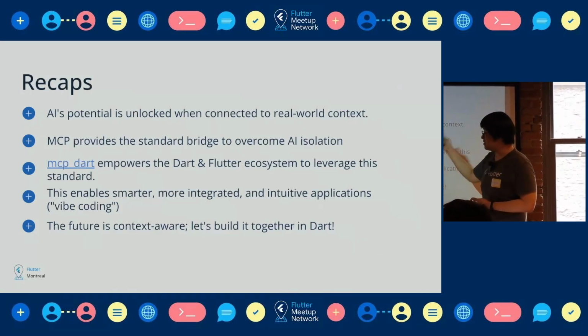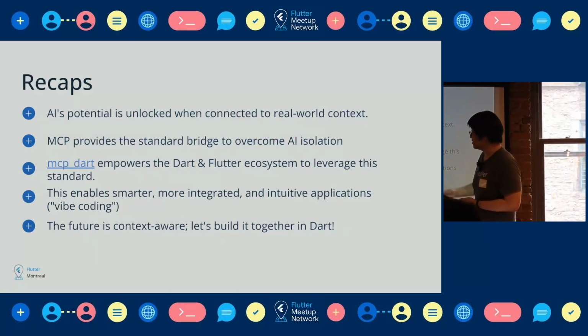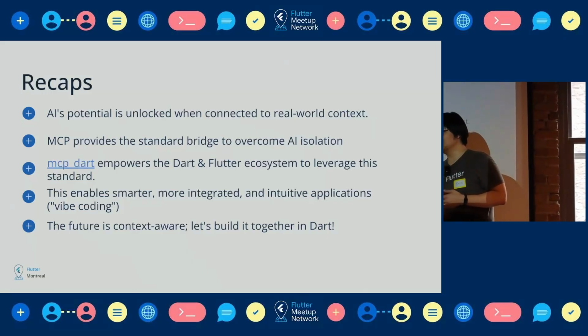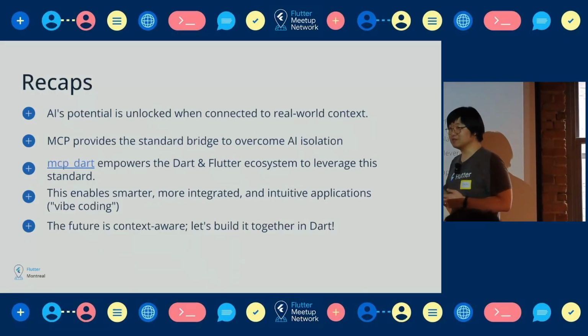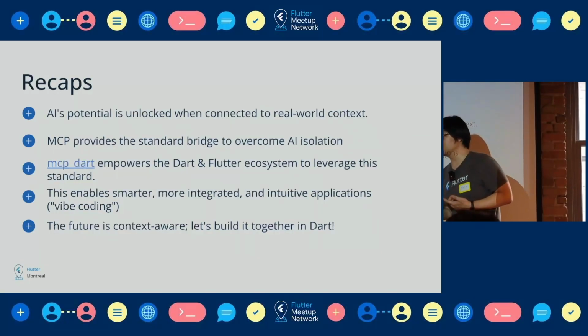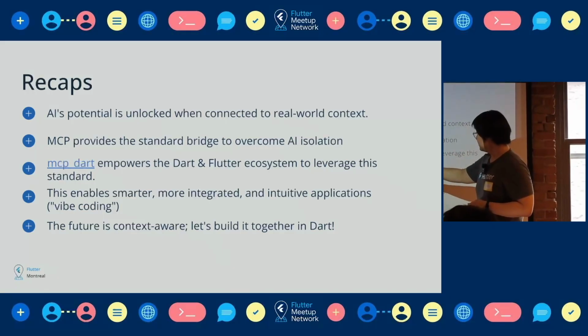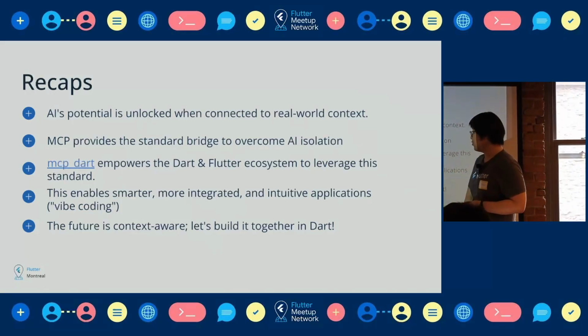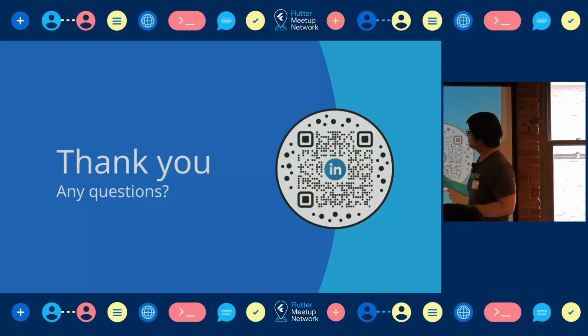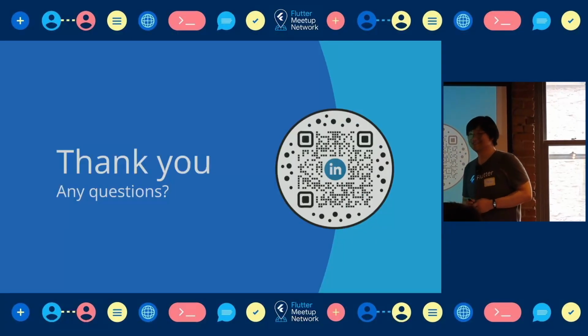MCP enables vibe coding and makes for interesting demos. Not only demos, actually, I use an AI agent to create code at my work. I mostly do Golang at work, but I use the agent to create most of the code. The future is context aware, so using MCP, you can provide context to the AI. All right, thank you very much.